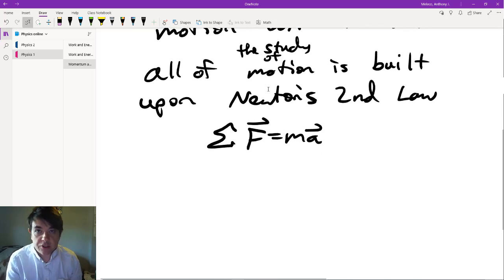If you can get the acceleration of the object, you can then understand everything you need to about its velocity and position from that point on for all of time. And that's really useful for us in this class, right?